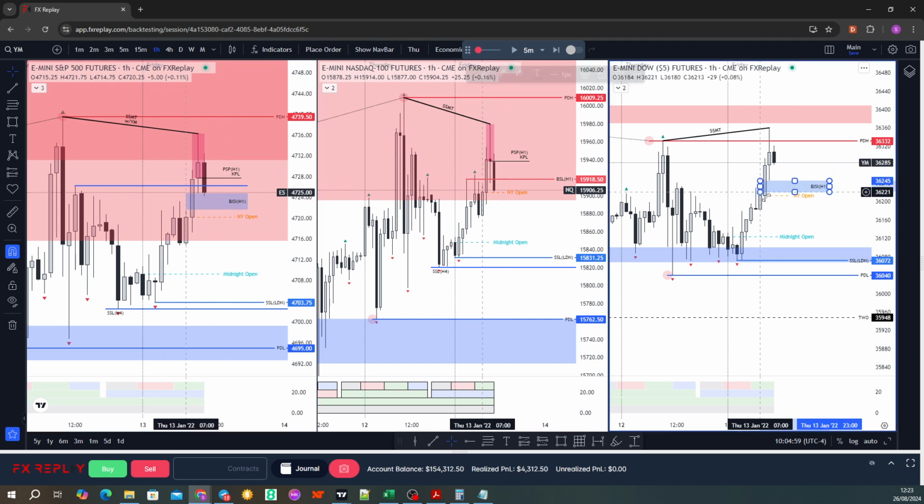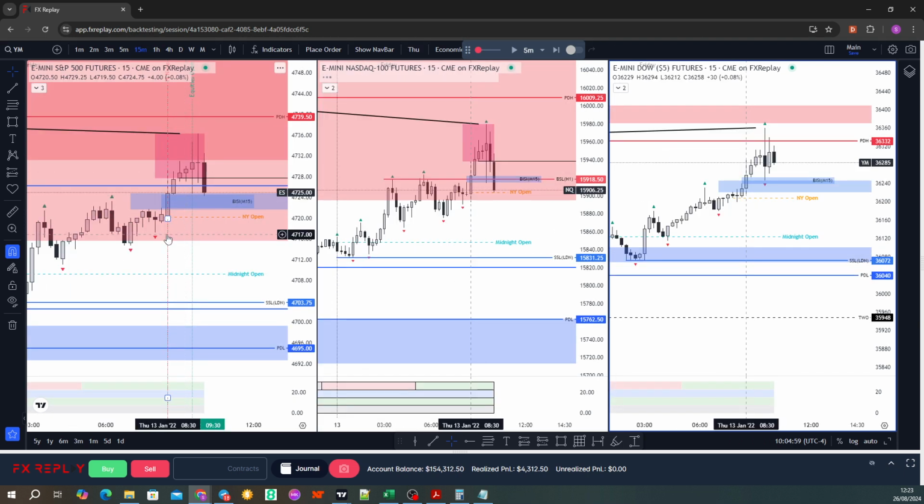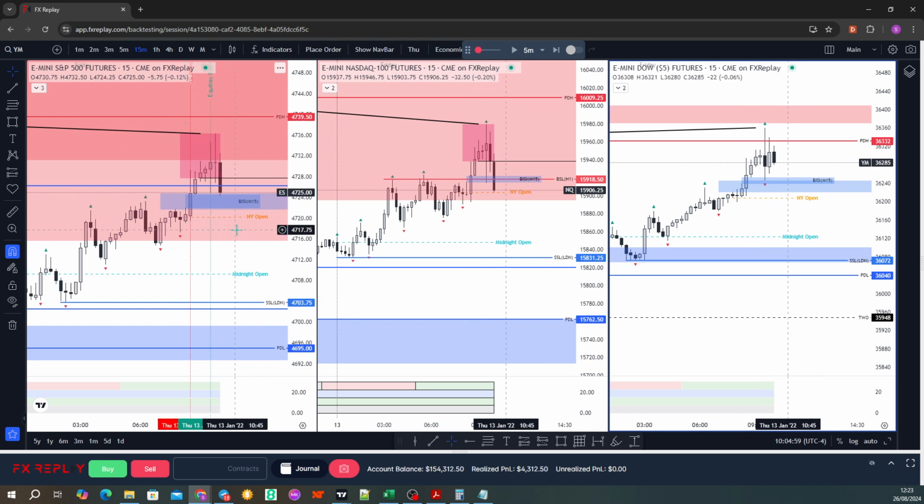Confirmation yet. Okay, so I'm going back to the 15. We've now got a key hourly, and as you can see, look at how that overlaps with the 15. So we know that this is a key inflection point. No, it's key. 15-minute.